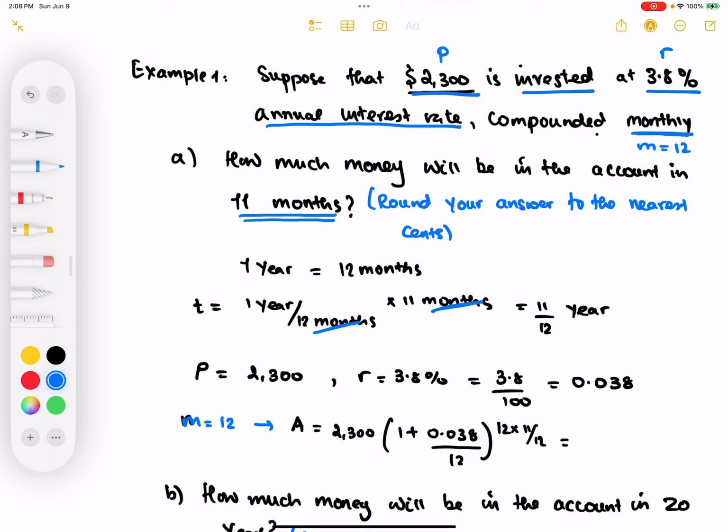So be careful when you solve this one, and make sure to plug in these values correctly into your calculator. Otherwise it will give you a different value if you don't use the parentheses carefully. So parentheses, exponent, then this value becomes 2,381.40 to the nearest cent. That is the value for 11 months.